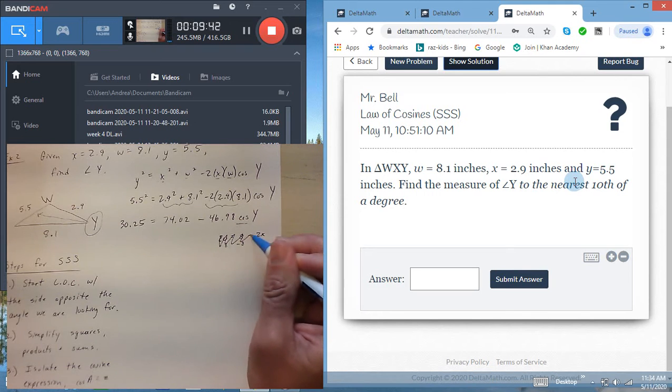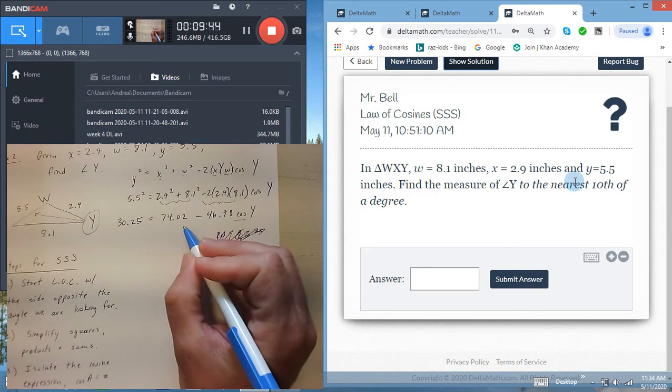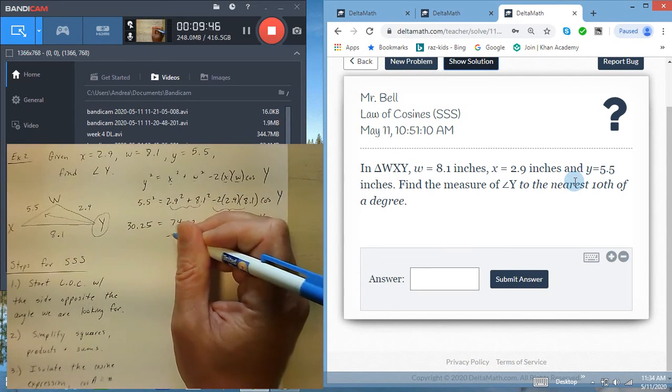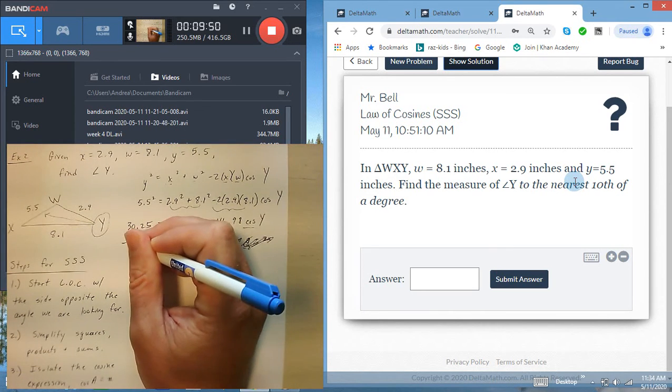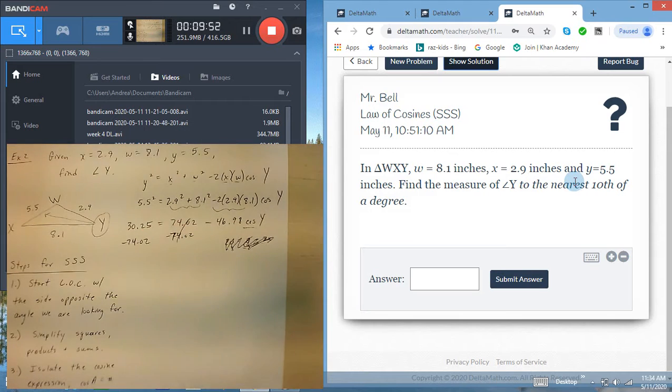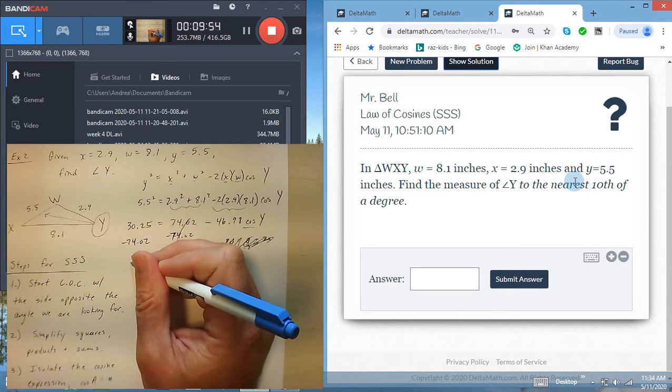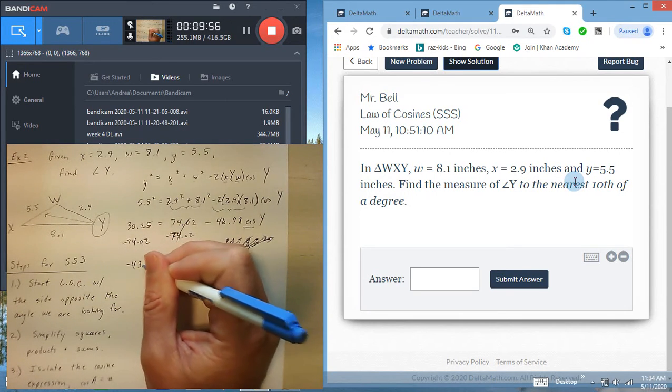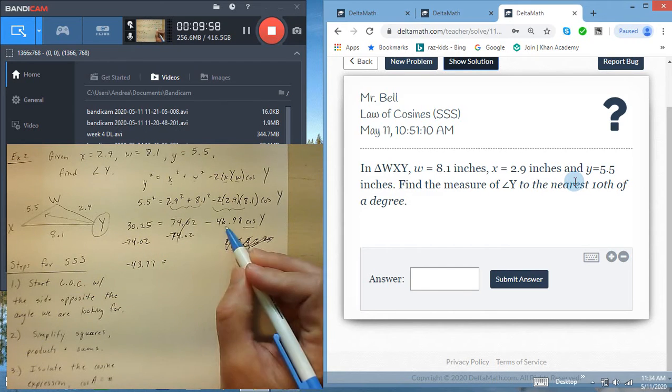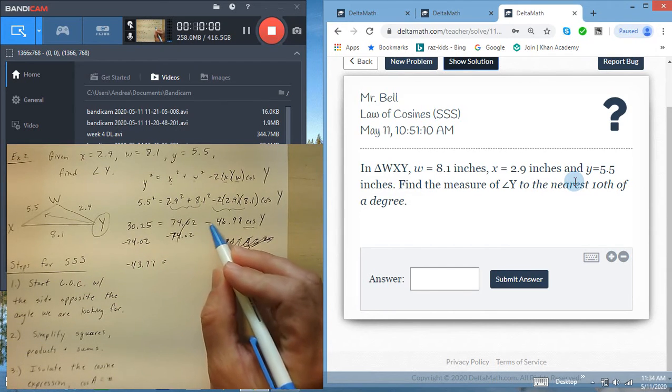Let me get rid of this so it doesn't confuse you. Let's go ahead and get rid of this 74. When I subtract that, I get negative 43.77. That's gone. Don't forget this negative. That's a very common mistake. Students drop that negative.